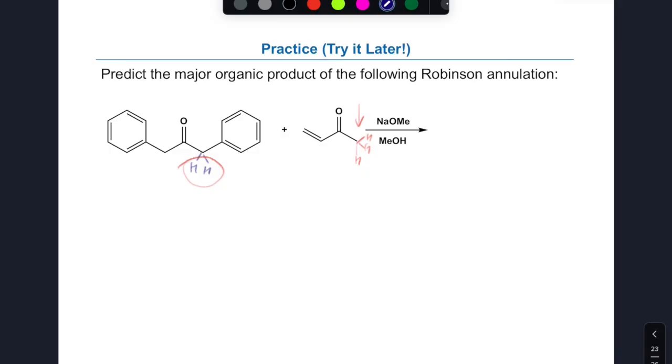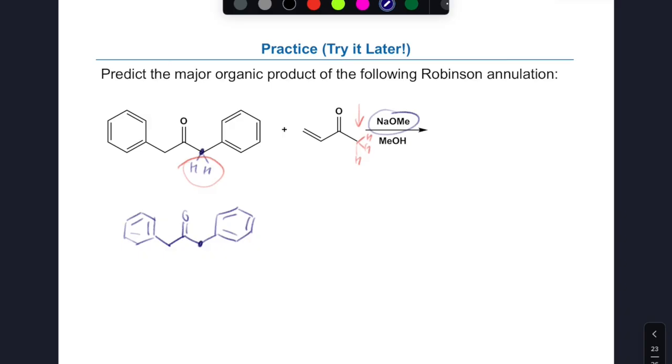So we're going to do our base deprotonation. We'll make the enolate at that center, and we will do a Michael addition first. So I'm just going to draw the product of that Michael addition using the donor center I've designated over there first. So let's draw this out. This is our donor molecule.